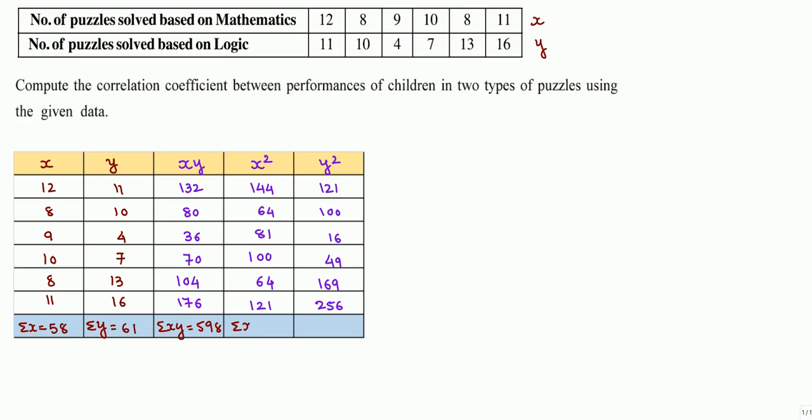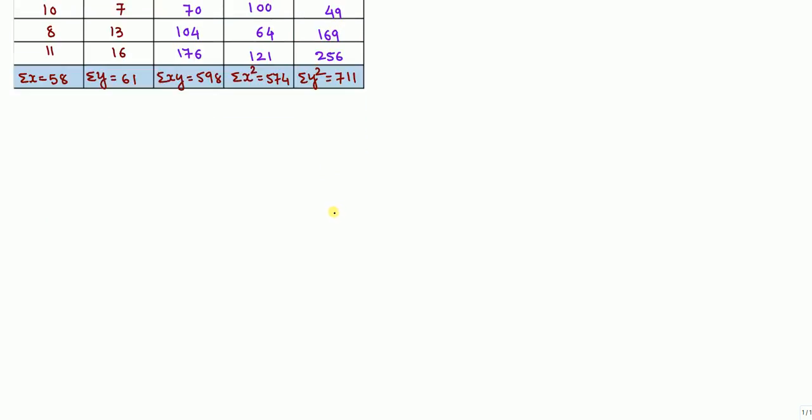Sigma x square equals 574 and sigma y square equals 711. Now this is our table.